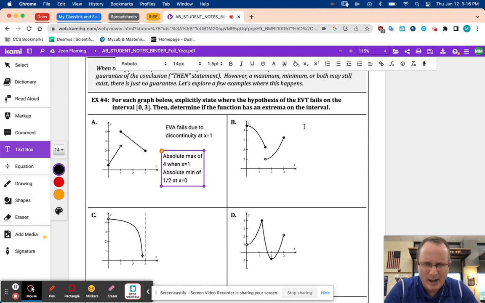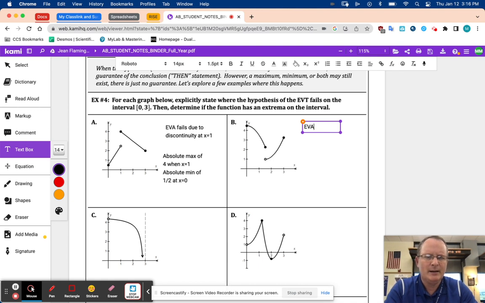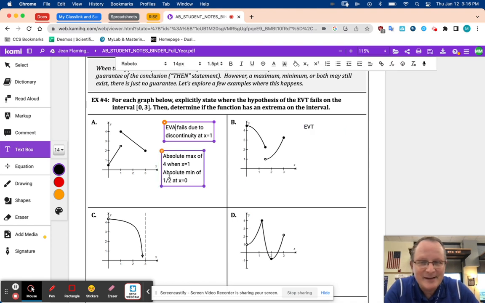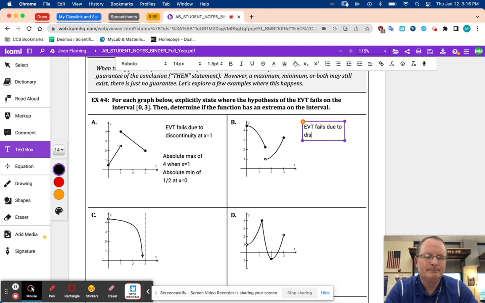Now look at B. We've got an issue. Look at 1.5, right? So EVT fails due to discontinuity at x equals 1.5.